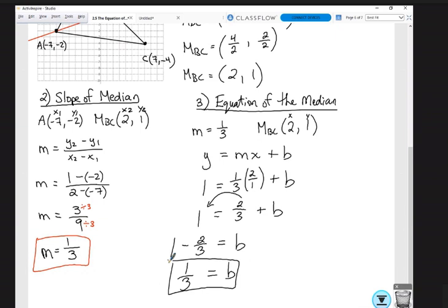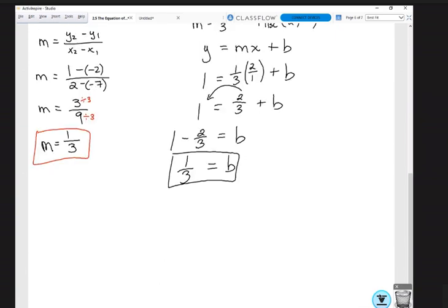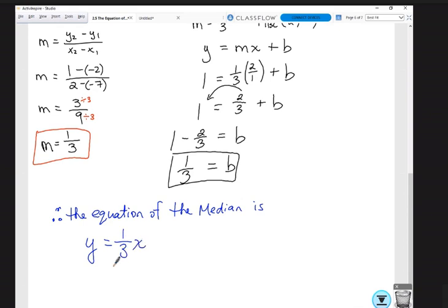So, down here, therefore, the equation of the median is, check this one out, y equals 1/3 x, because that's the slope, 1/3 x, and this is plus 1/3.